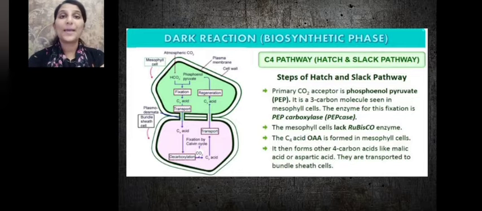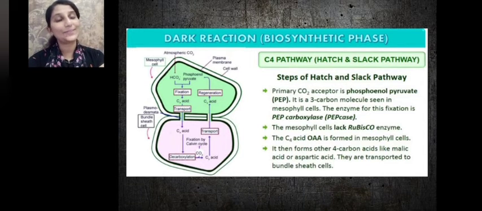It is PEP, or phosphoenol pyruvate. Whereas in the case of the C3 cycle, who was the primary acceptor? It was RuBP. Here PEP accepts the atmospheric carbon dioxide, and this PEP is a 3 carbon compound. So the 3 carbon compound plus the 1 carbon compound present in carbon dioxide forms a 4 carbon compound.